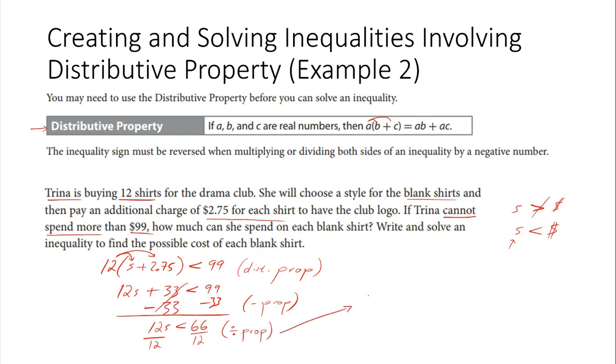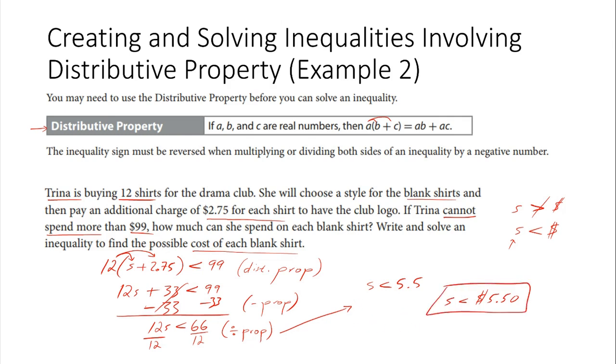All right, so that'll get us over here. So S for the shirts is going to be less than 5.5. So find out the possible cost of each blank shirt. So basically what's going on here is the shirts can be less than $5.50. No more than that. So that would be the answer.